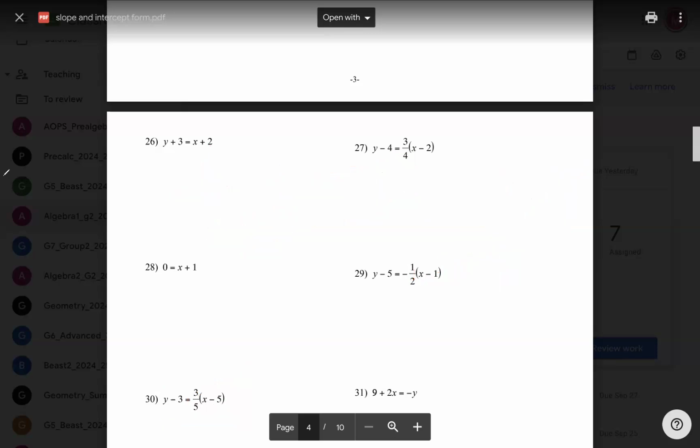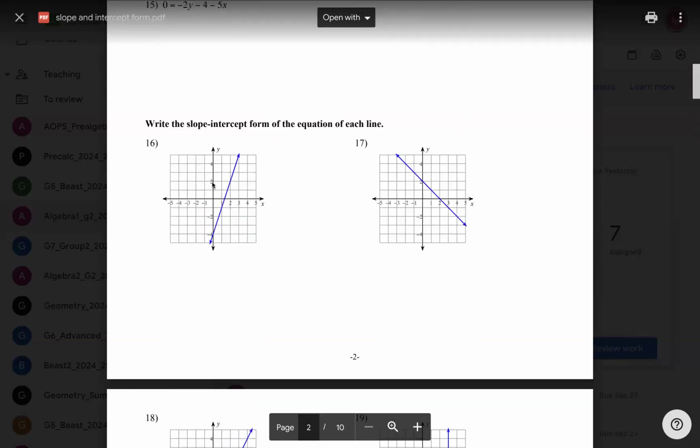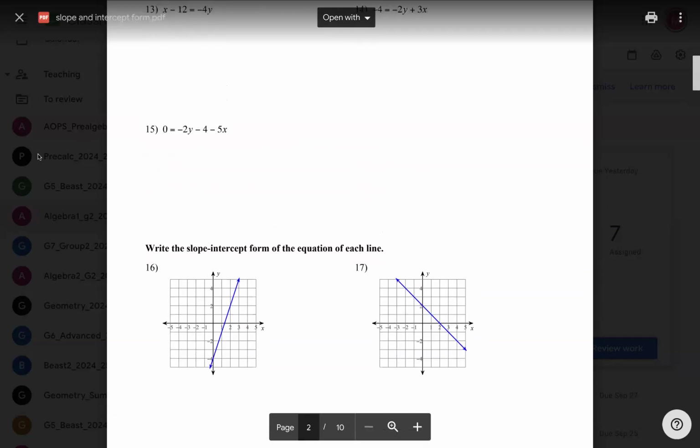So can you go to 16 really quickly? Oh wait, not 16. 15. So for this one, they're asking for the slope, right?